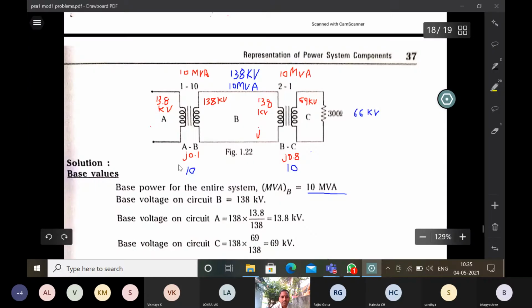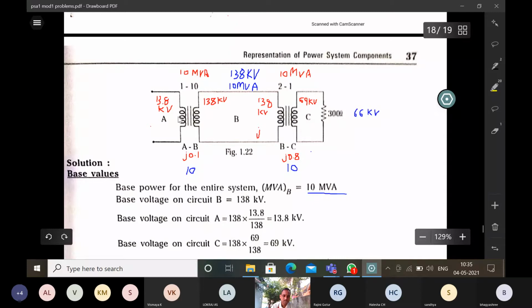So this is 10 MVA and this is 10 MVA. The new base values I am writing in blue color. The old base value of the AB section is 10, new is also 10. Similarly, BC is also 10 and 10. Coming to the base voltage, in section B 138 kV is the base voltage.